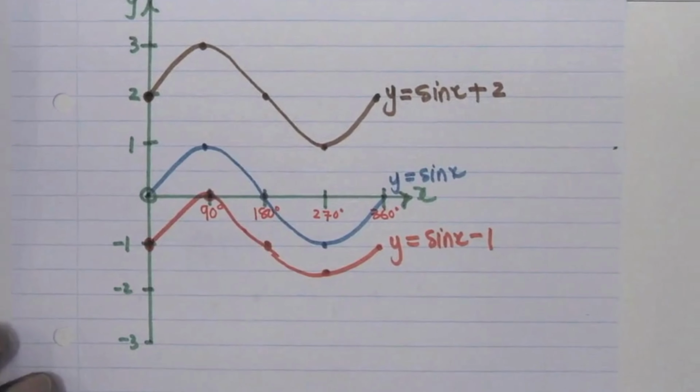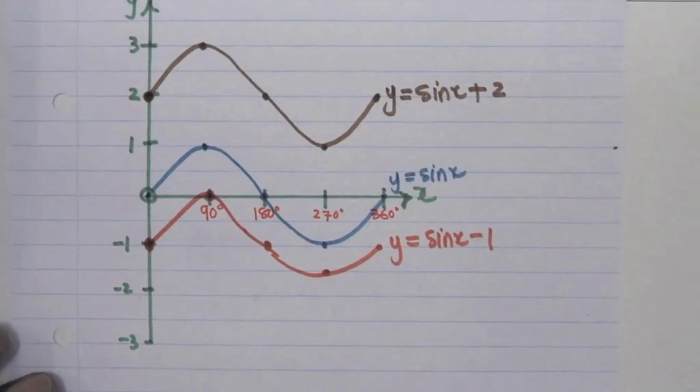Having drawn these graphs, I need to make an observation. The observation that we are making here is that when we start with the graph of y is equal to sin x, and we want the graph of y is equal to sin x plus 2, we shift the graph of y is equal to sin x 2 units vertically up. And for the other graph, we shift it 1 unit down.